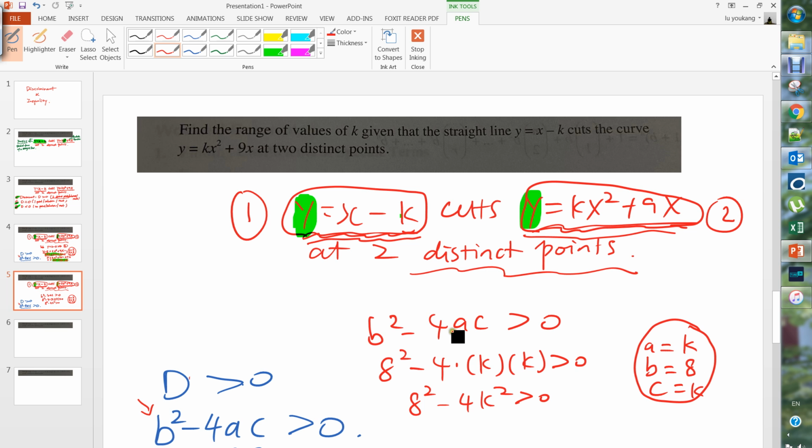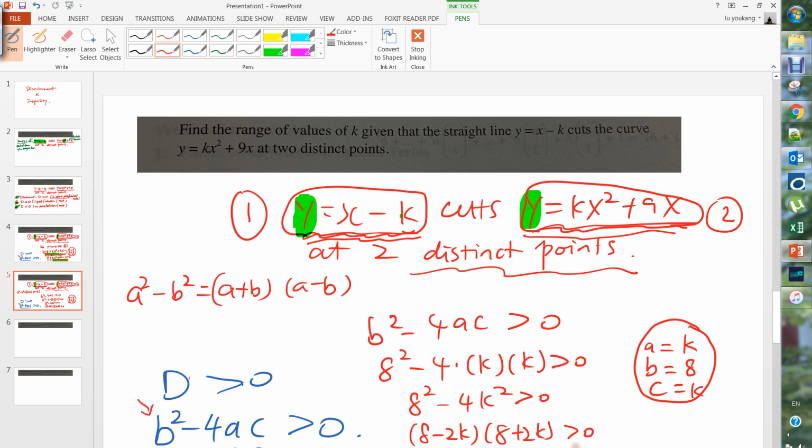And then I hope you remember this basic formula, a squared minus b squared, which gives you a plus b and a minus b. Okay? So therefore, what do you have here? You have 8 minus 2k, and then 8 plus 2k, which is bigger than 0. Okay, so now you have formed an inequality, and now you need to solve this inequality.